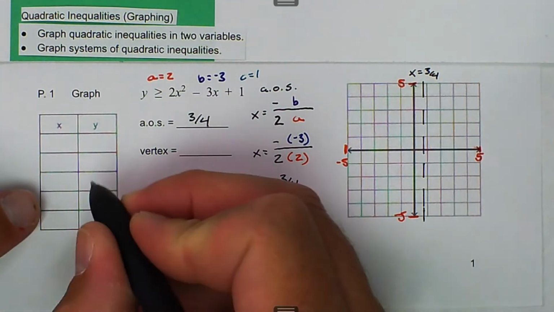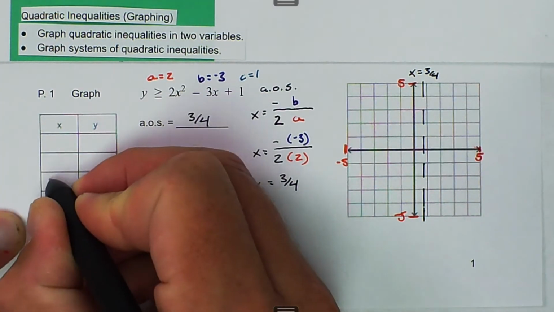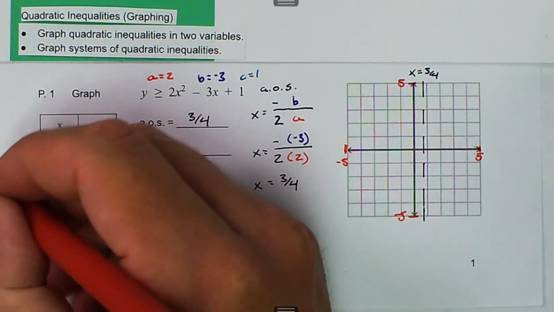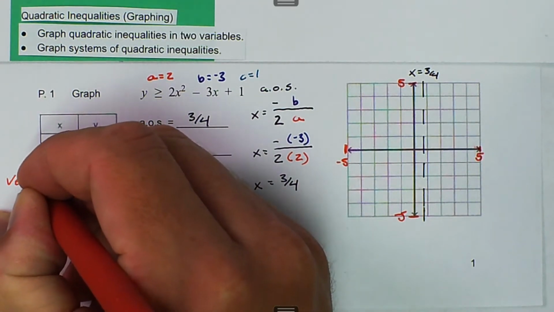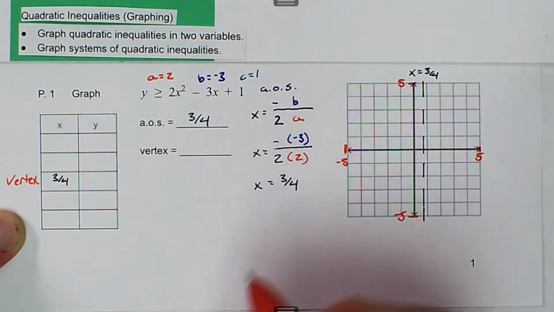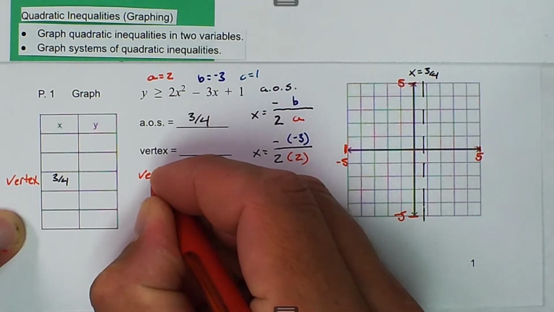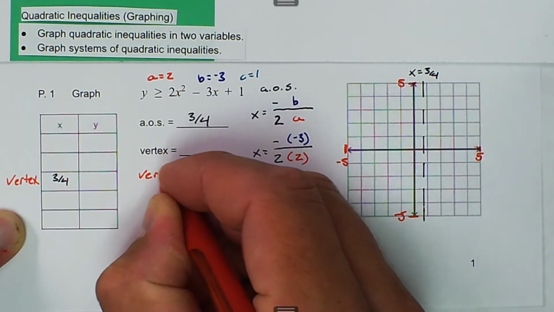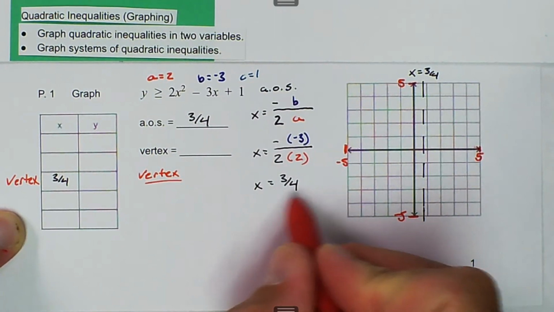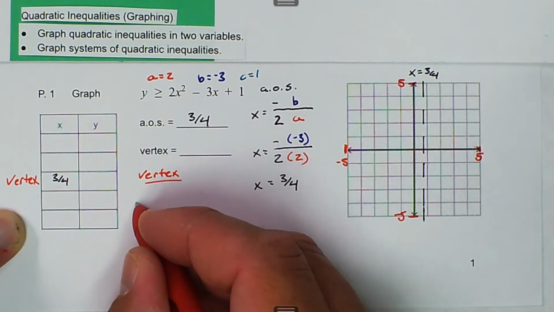So we know that our vertex is going to be located at 3/4, and then some y value. In order to calculate our vertex, we need to use our x as 3/4 and substitute it into the equation or inequality.